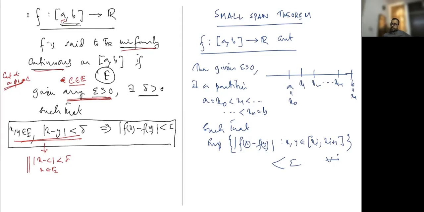Now suppose you choose your partition corresponding to, let's say, not epsilon, but epsilon by 2. That same theorem would give you a partition corresponding to epsilon by 2 also. That's not a problem. Okay.